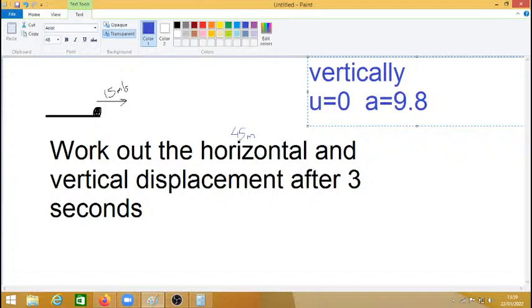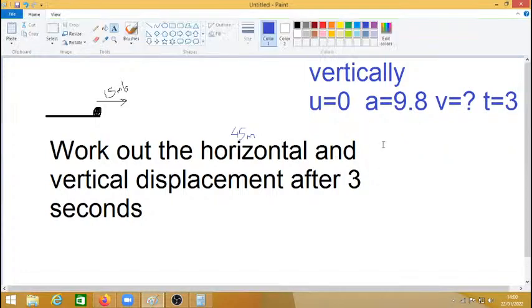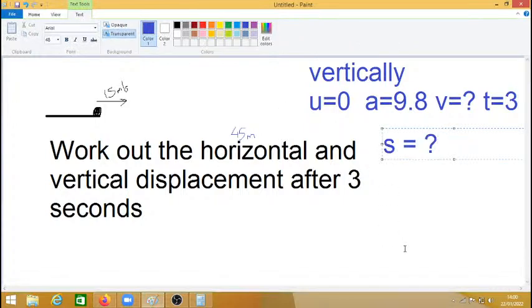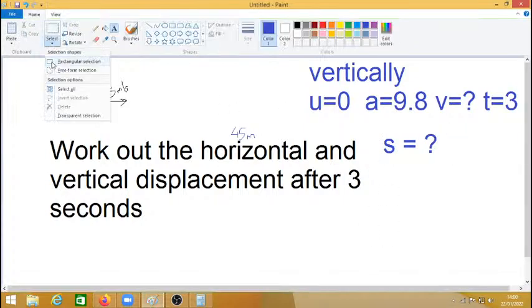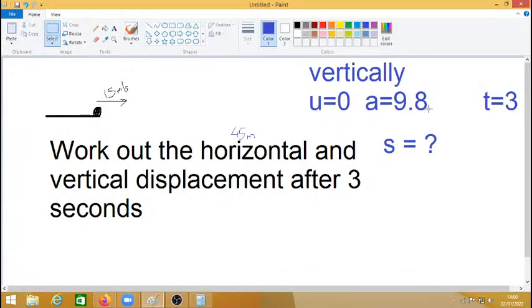So that's 9.8 going down. The final velocity after 3 seconds, we don't know. The time we do know, that's 3 seconds, and it's s we're trying to find out. So let's think of a formula where preferably we don't have to use v because that's not something we know. So we've got u, a, and t as knowns, s is unknown.